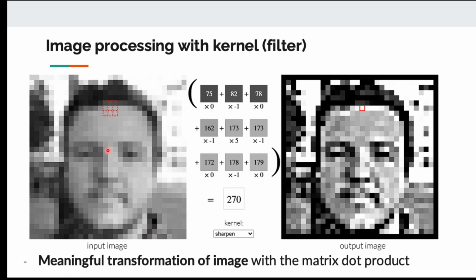When you want to sharpen your image, if you use Photoshop or maybe there's an app on your phone, you take an image that is kind of blurry, and you want to sharpen it. The way to sharpen it computationally is to multiply the central pixel by a large number. So you want to amplify that signal, and you want to reduce the signal from the adjacent pixels. You want to make it sharper. You want to increase the contrast.